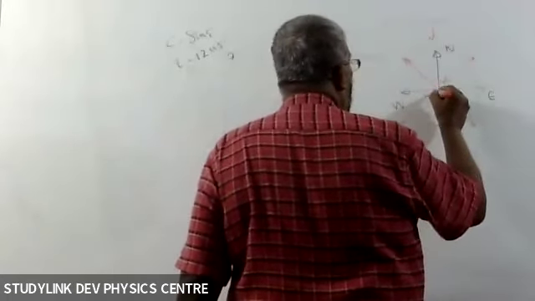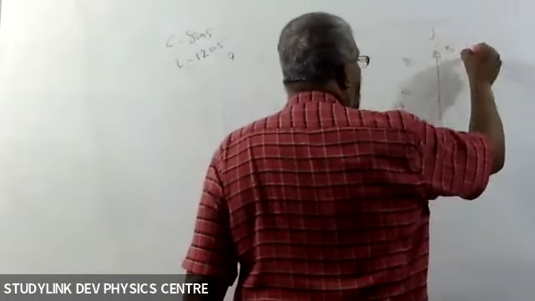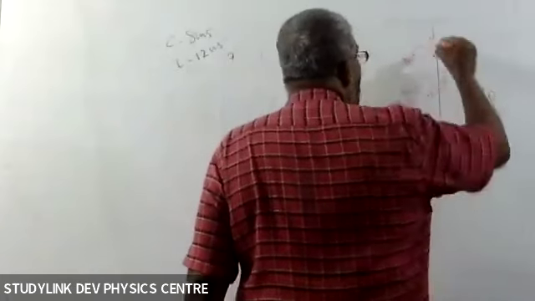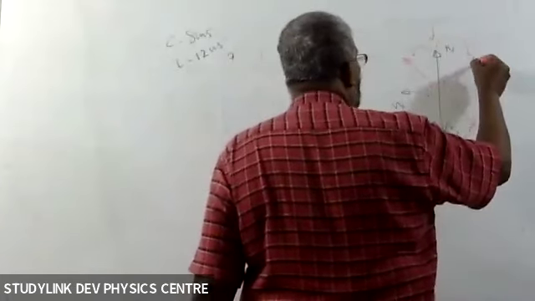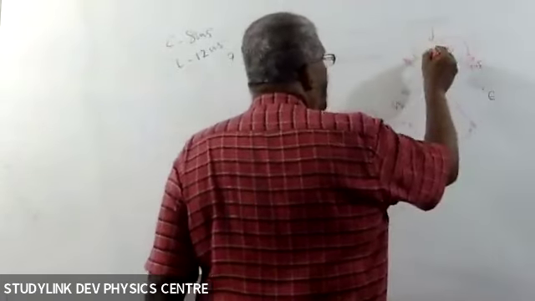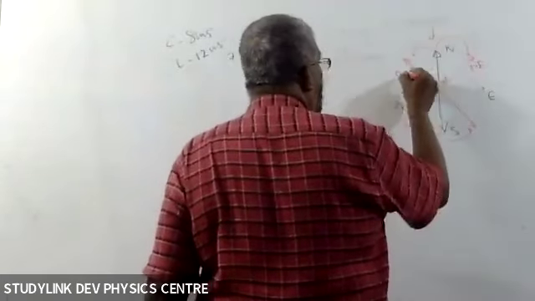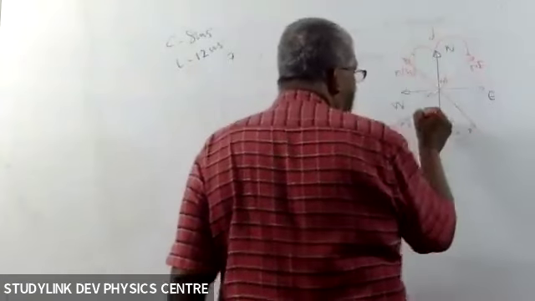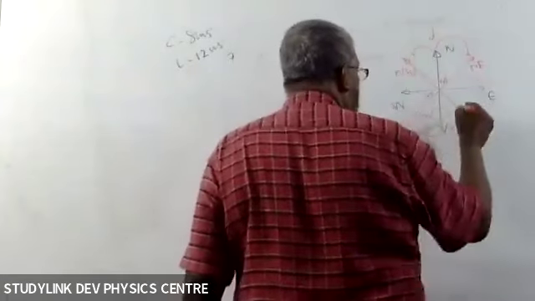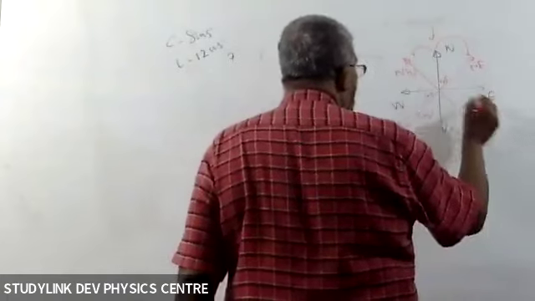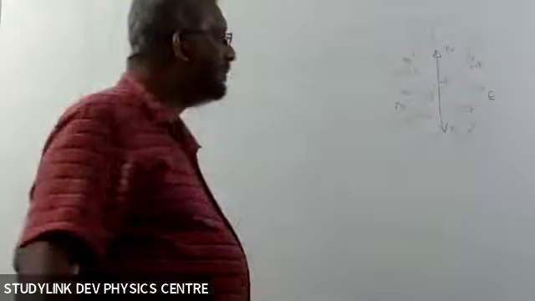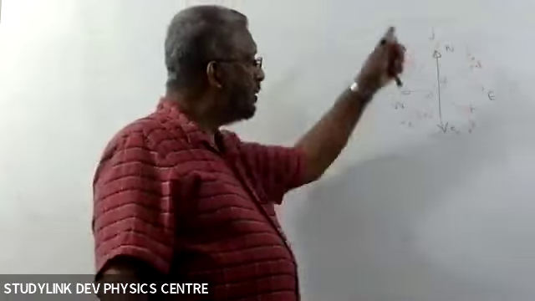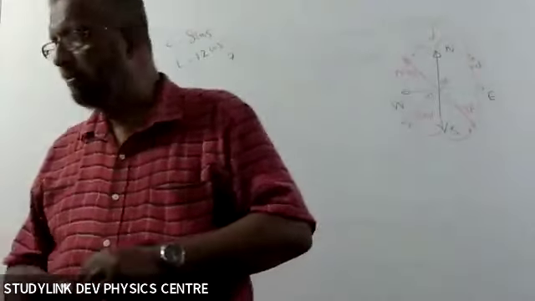This is 45, this is 45. From north towards east, northeast. From north towards west, northwest. From south towards west, southwest. From south towards east, southeast. Anyhow, note it down. Main one is the south-north or north-south line.